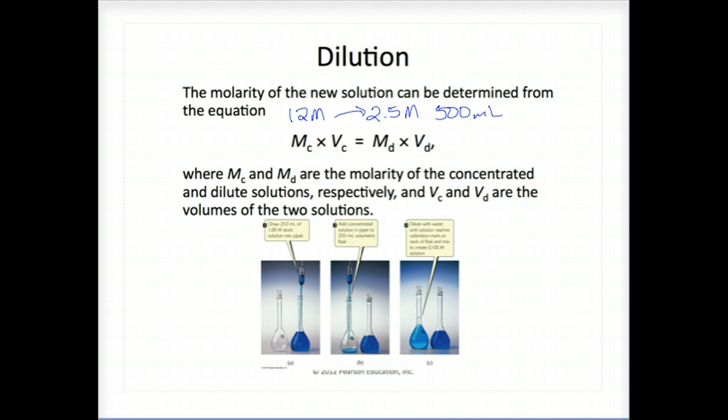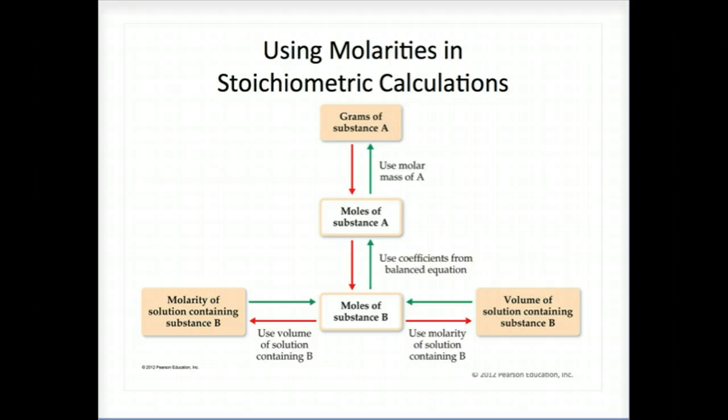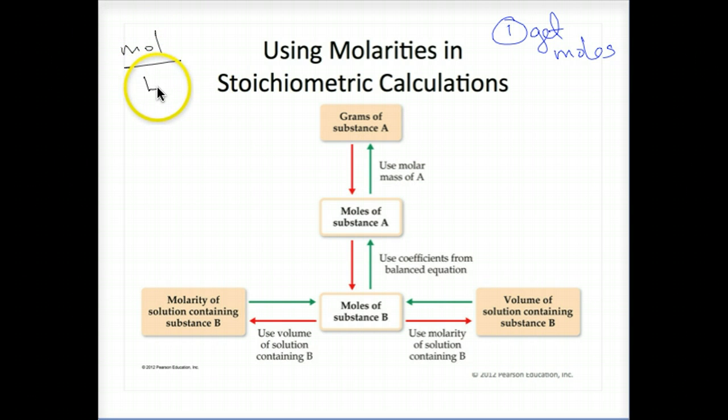You all remember this. Now, when we use molarity in stoichiometry calculations, we're still following our same rules. We need to get to moles. Molarity gives us that, because by definition molarity is moles per liter. So if I know a volume, I can get to moles because I simply cancel volume and I have moles.